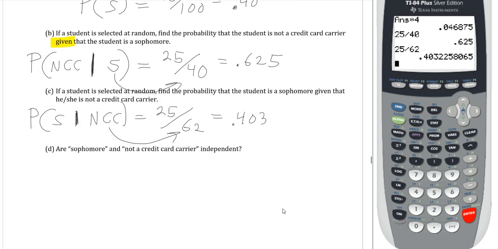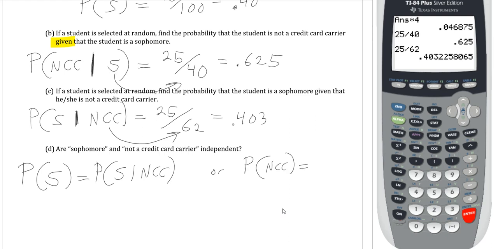So, from the first page, the probability of sophomore should be the same thing as the probability of sophomore given not a credit card carrier. Or, the probability of not a credit card carrier should be the same thing as the probability of not a credit card carrier given that they're a sophomore.